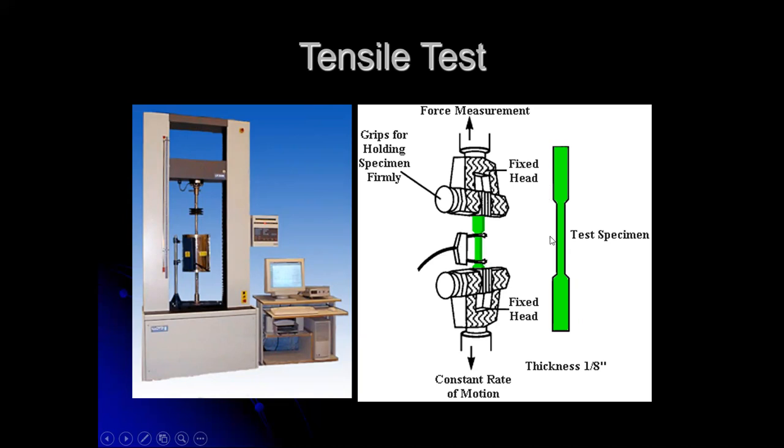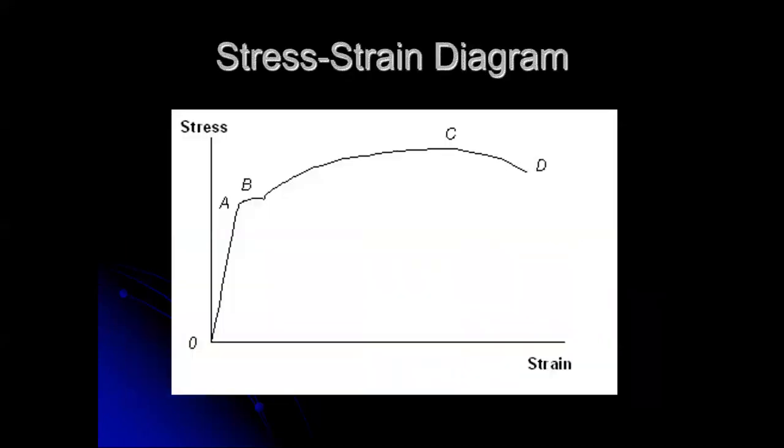The test specimen's been narrowed down here, so the stress will max out in this narrow region. We want it to break in the narrow region. We don't want it to break up here, so we provide more area, so lower stress. And we run the material through a test. We basically just push a button and the load frame takes it away. And it produces a plot that looks like this.